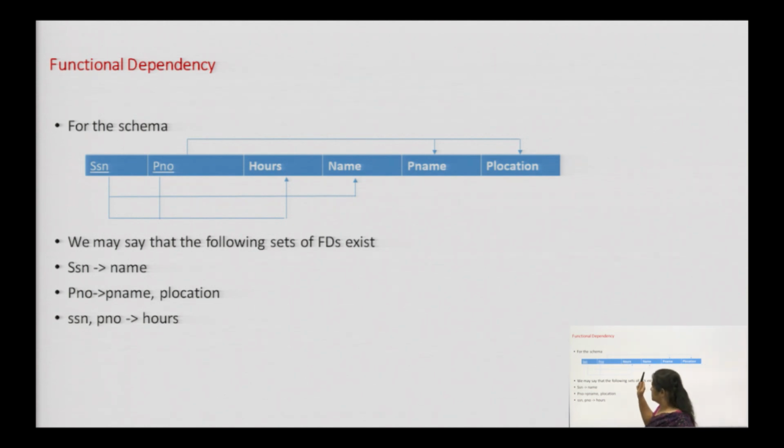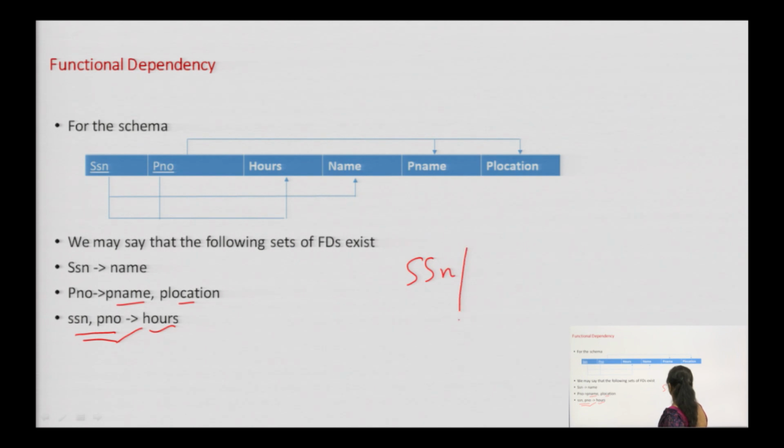So, we have the functional dependency SSN determines name. Why? SSN is going to be unique, so we clearly know the name of the person. P number determines the name of the project and the location of the project, and SSN PNO together determines hours.